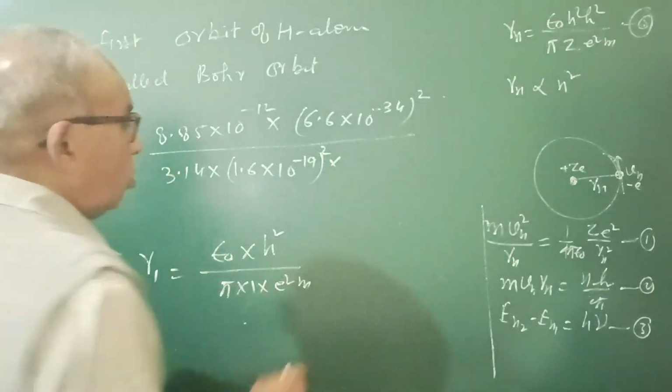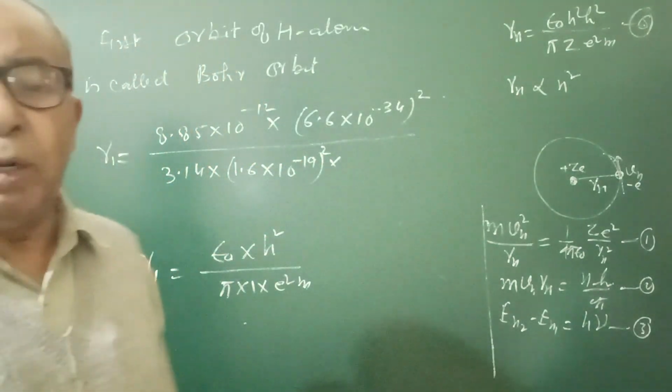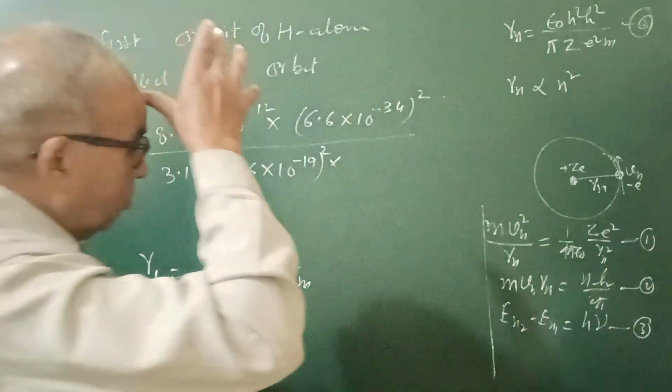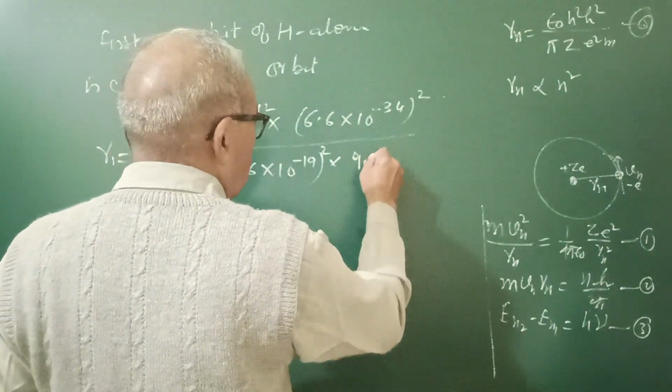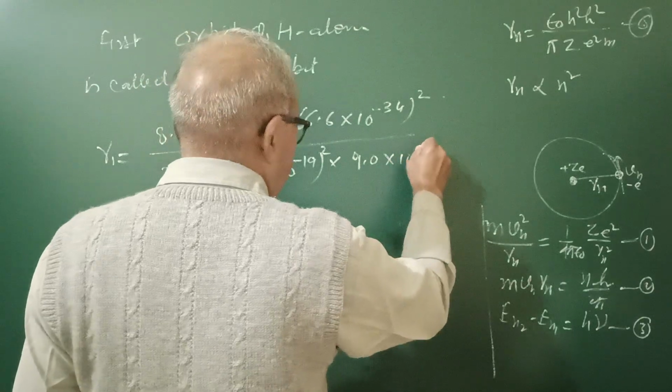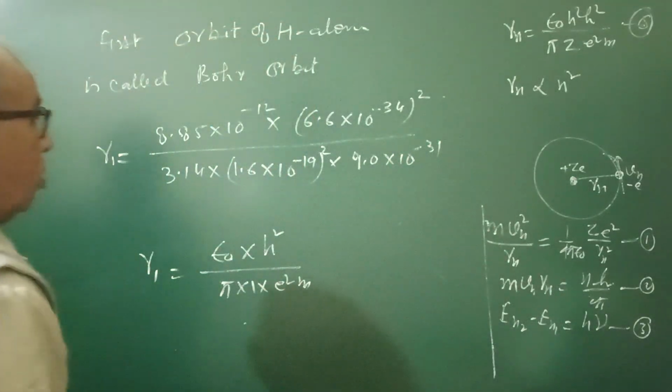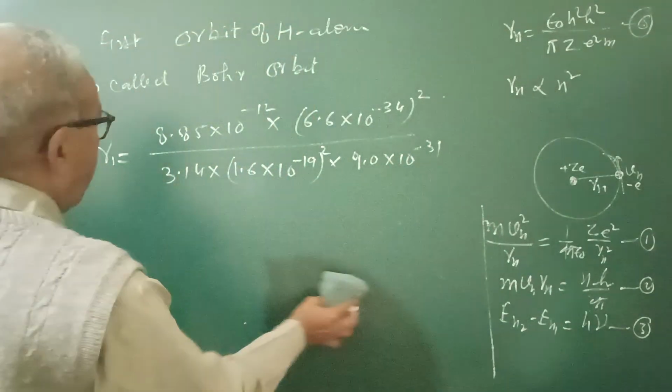Mass of electron, exactly, so we will use 9.1, I take 9.0 × 10 to the power minus 31.